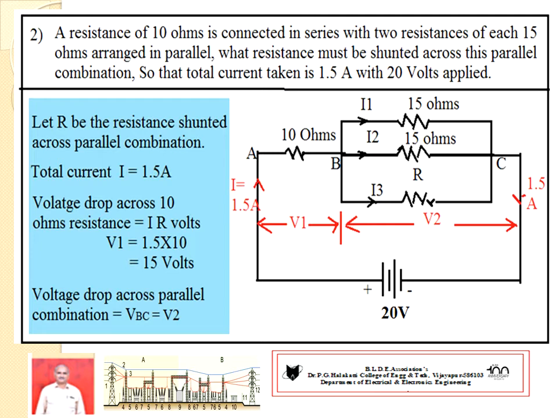V1 equal to 15 volts. But in a DC circuit, total applied voltage V equals the sum of voltage drops across the circuits. Now V1 is one voltage drop, V2 is another voltage drop. One is series, one is parallel. Already I know V1. Hence it is possible to calculate V2.